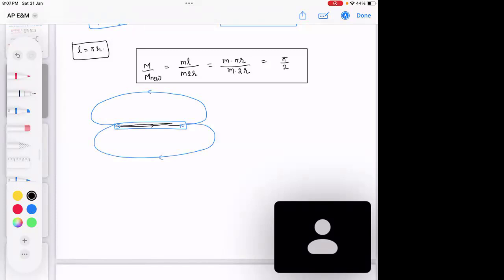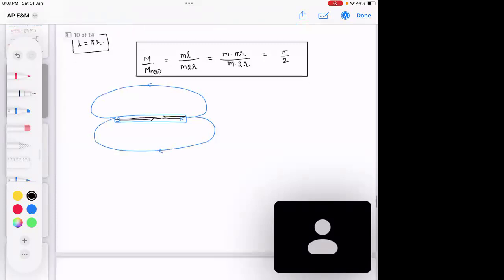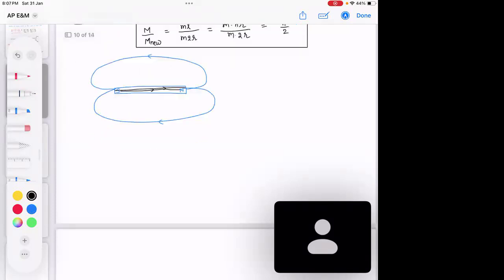Understood? So that's why, if you write the magnetic flux through a closed surface, please keep in mind we are talking about a closed surface, it is always going to be zero. Why?